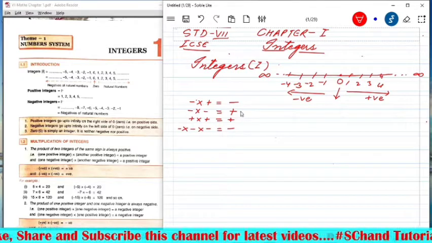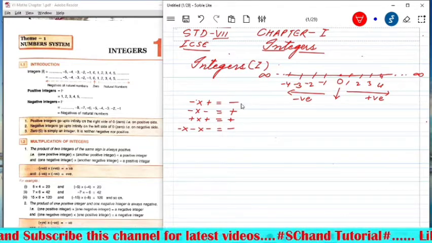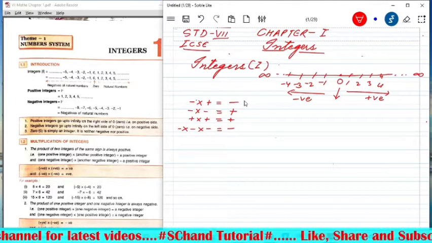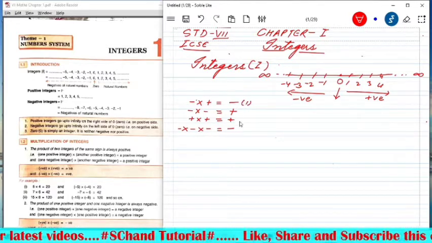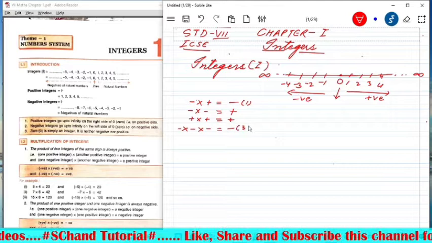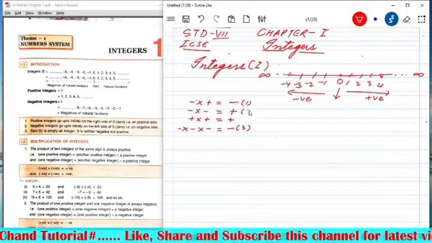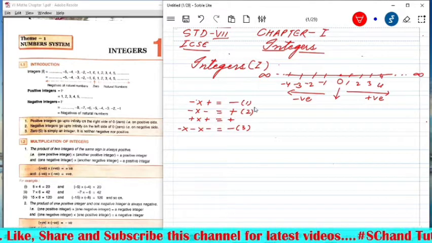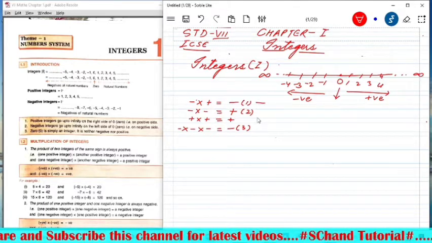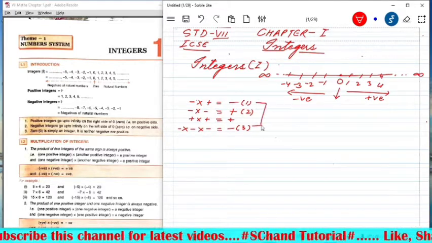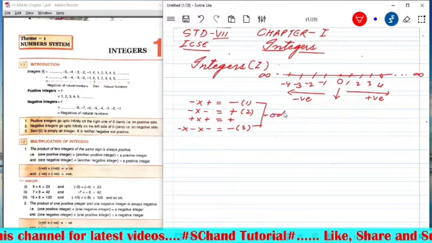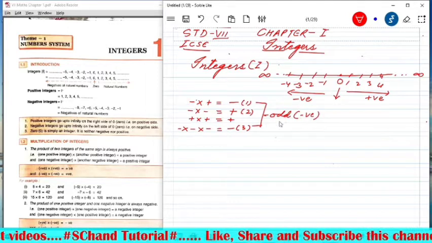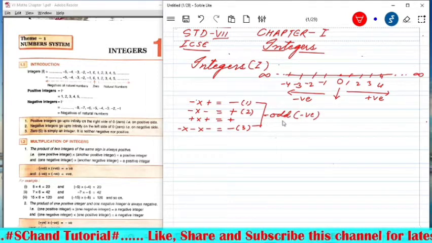Here you can see the negative is coming one time, and here the negative is coming three times, and here the negative is coming two times. If the negative is coming an odd number of times, our answer is negative.